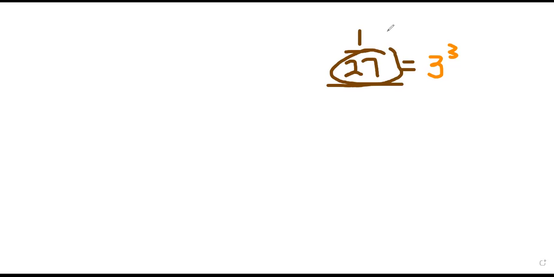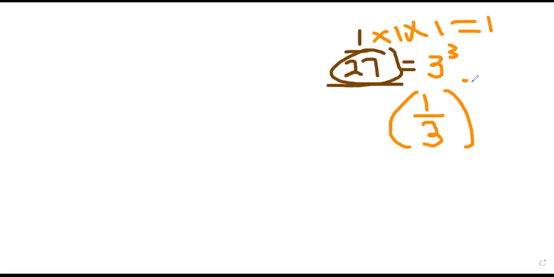So here 1 into 1 is just 1. So the power notation will be 1 by 3 whole cube. Okay, still have a doubt? So now I'll give one more question.